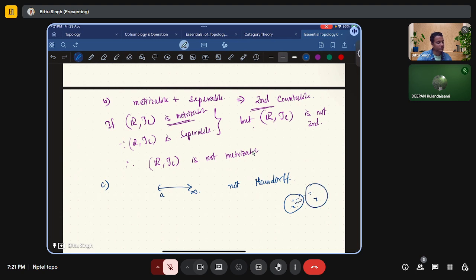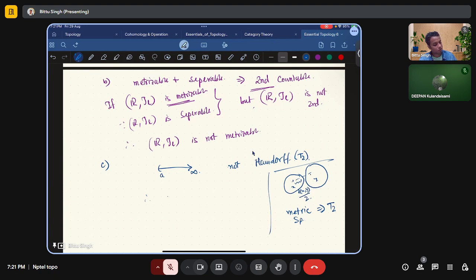Take the radius as half of the distance between x and y. So a side note: metric space implies Hausdorff property T2, but this is not Hausdorff.